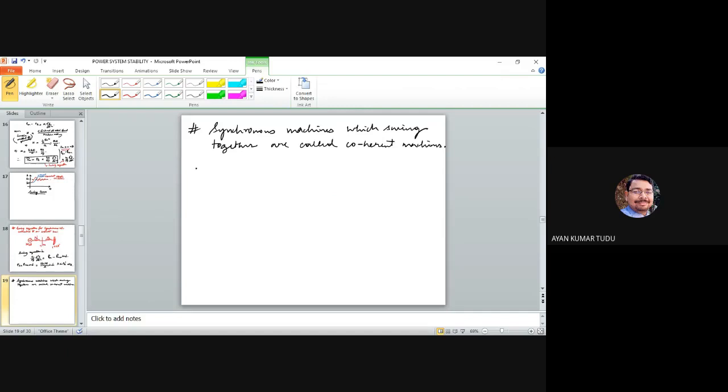I'm again repeating: when we say two synchronous generators are coherent machines, it means they are swinging together. The net effect of such swing is known as our coherent swing.